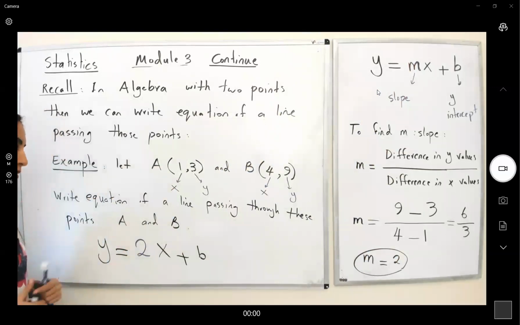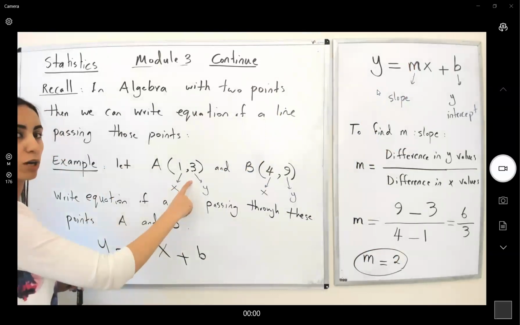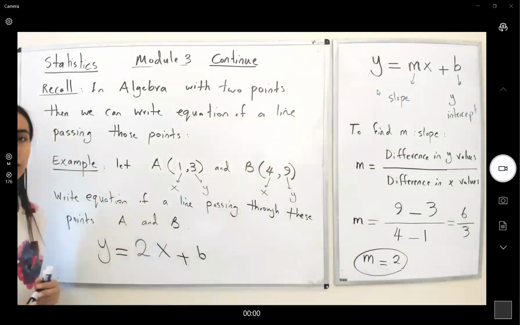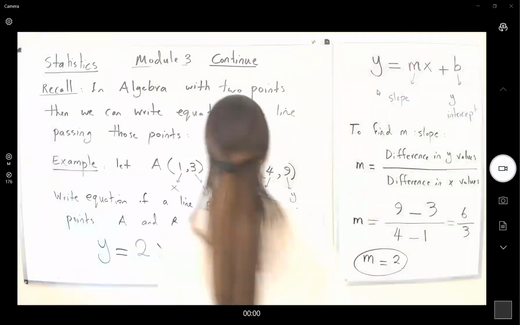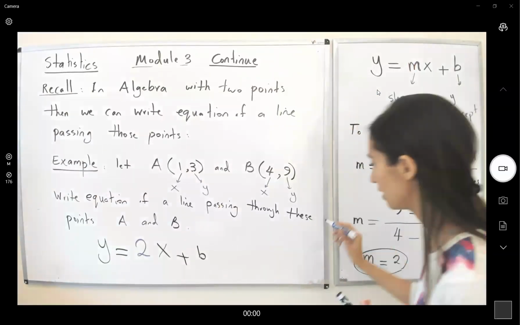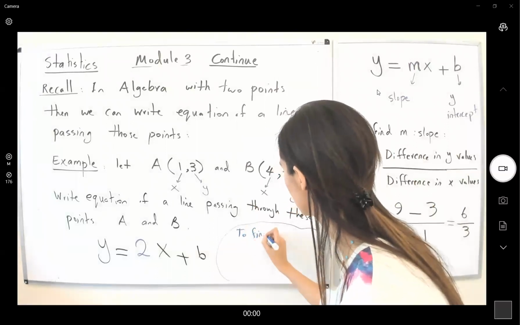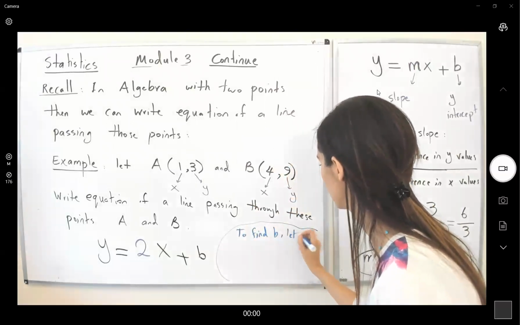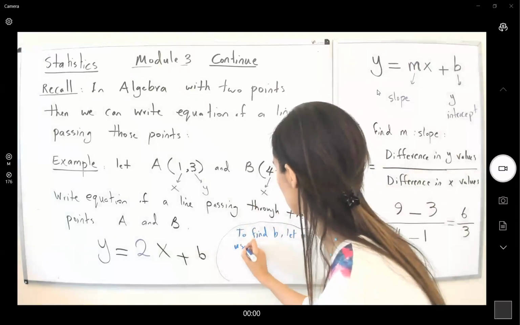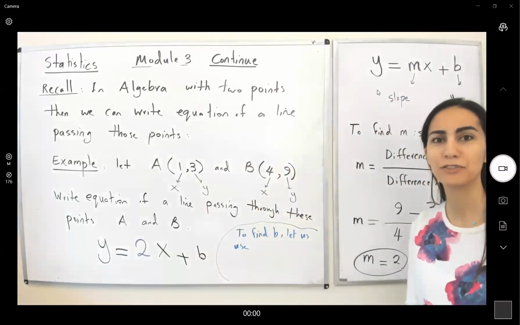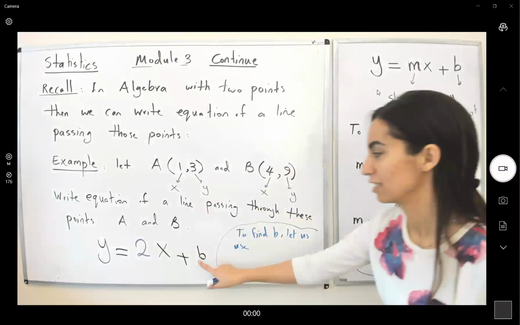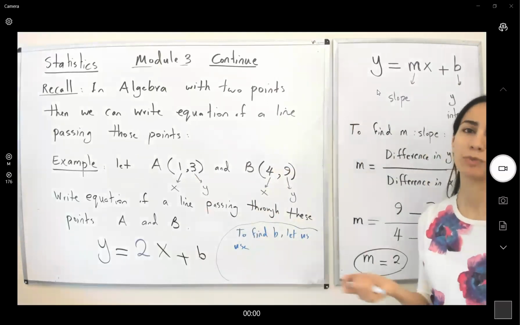How to find b? To find b, you can work with either A or B. Let us use A. It doesn't matter if you use A or B. Your y-intercept is going to be the same.